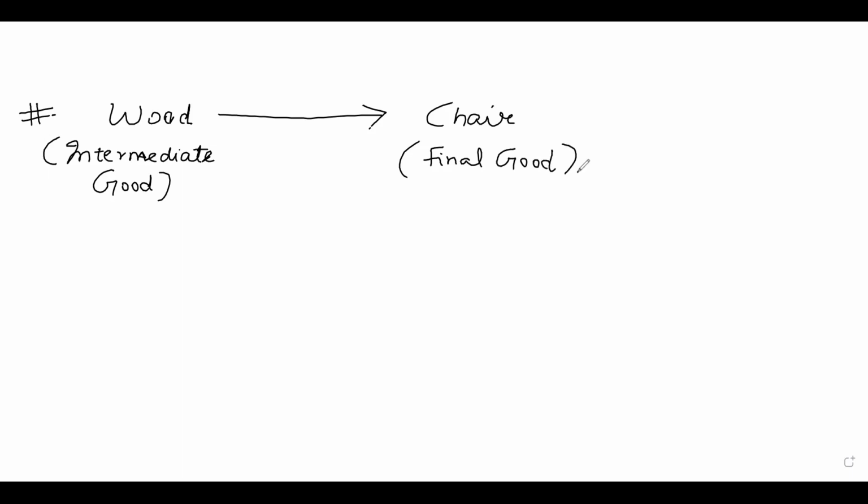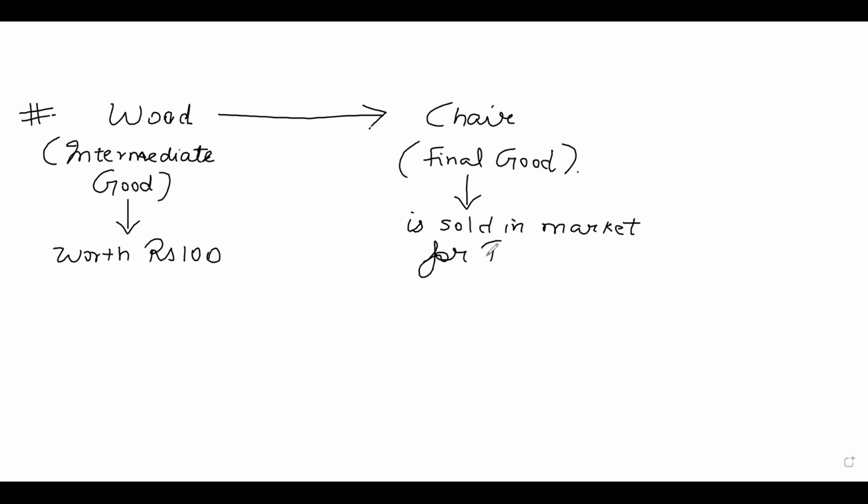Now suppose wood worth rupees 100 is used to produce a chair, and chair is sold in the market for rupees 250.